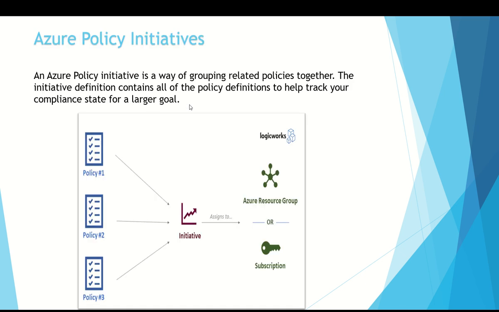So next comes Azure policy initiatives. An Azure policy initiative is a way of grouping related policies together. The initiative definition contains all of the policy definitions to help track your compliance state for a larger goal. For example, Azure policy includes an initiative named Enable Monitoring in Azure Security Center.